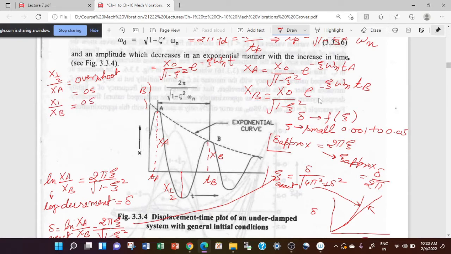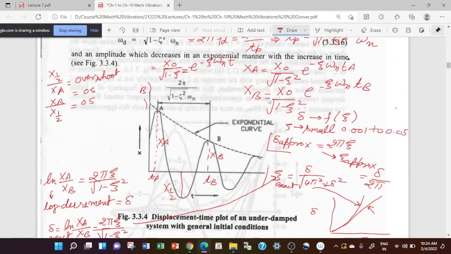So if I multiply these two, x half, so this should be reversed here. So I can write xa here, and this is your xb upon x half.